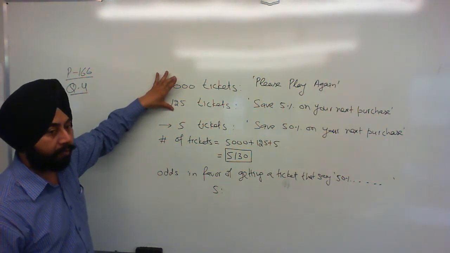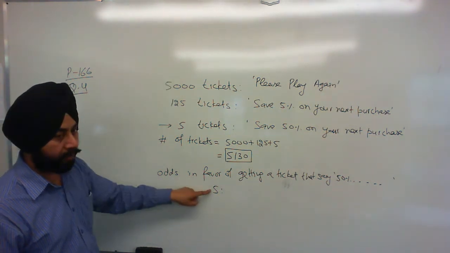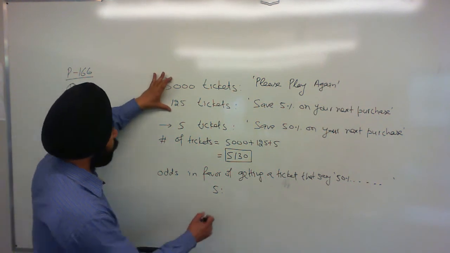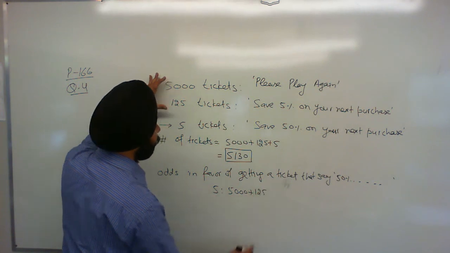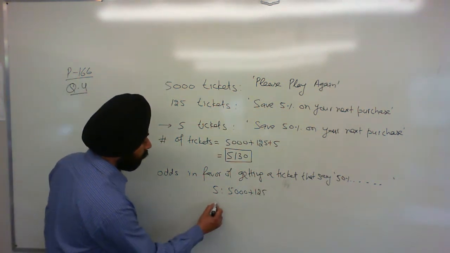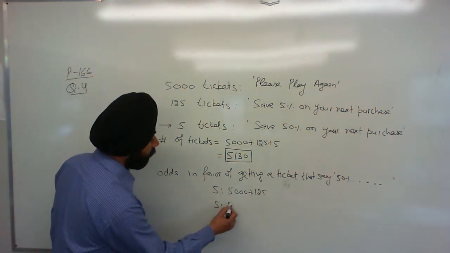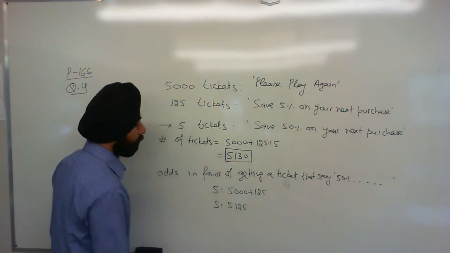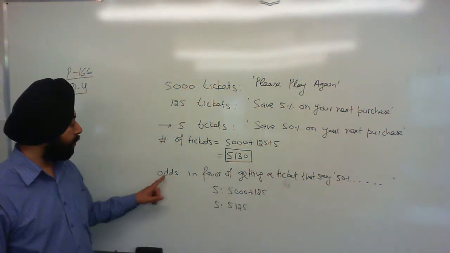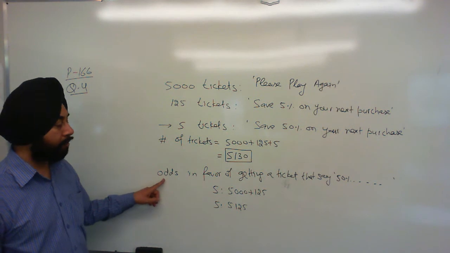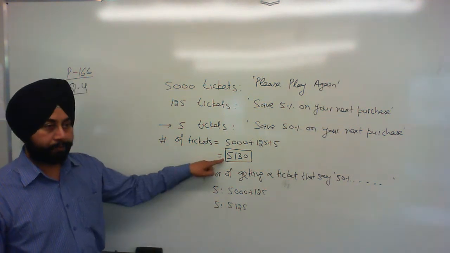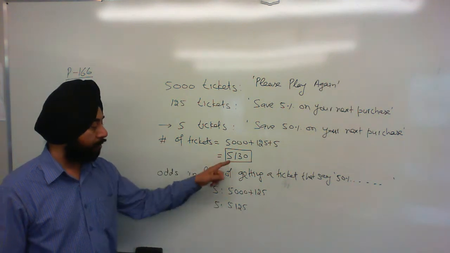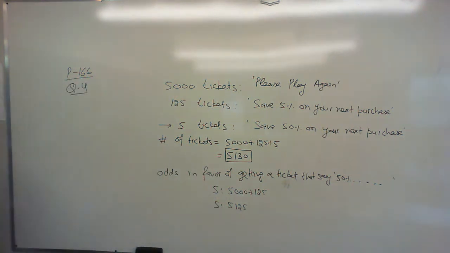That's against your event. So this will be 5,125. And make sure in any odds problem, their sum should be equal to the total. If you add 5 and this, it gives you 5,130.